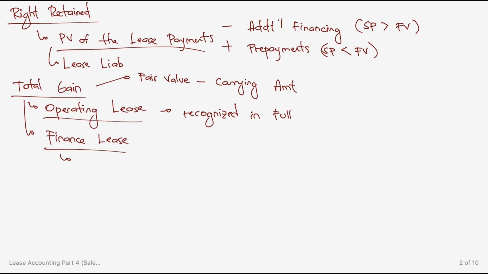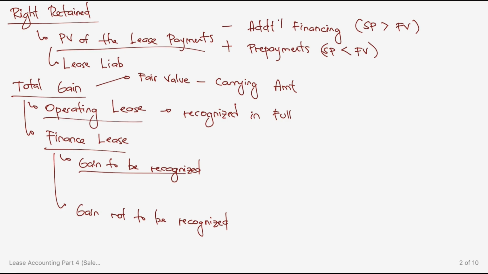Meron tayong tinatawag na gain to be recognized, and then meron din tayong gain not to be recognized. So, kapag tinanong ka, how much is the gain in the income statement, ang isasagot mo lang, syempre, is yung gain to be recognized.